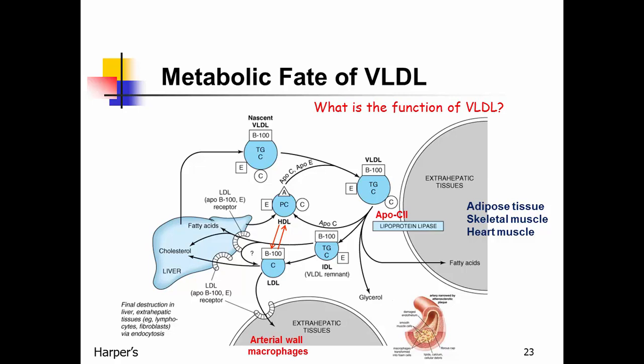The IDL can then change its lipid content in the core and eventually become LDL. So there is lipid exchange happening in the circulation between different lipoproteins, particularly between HDL, VLDL, IDL, and LDL.